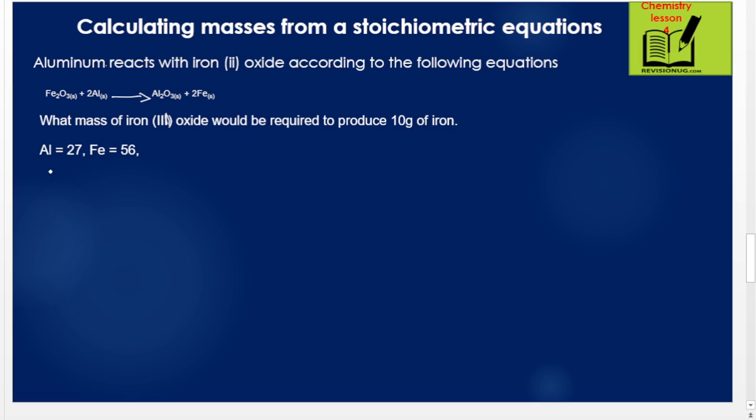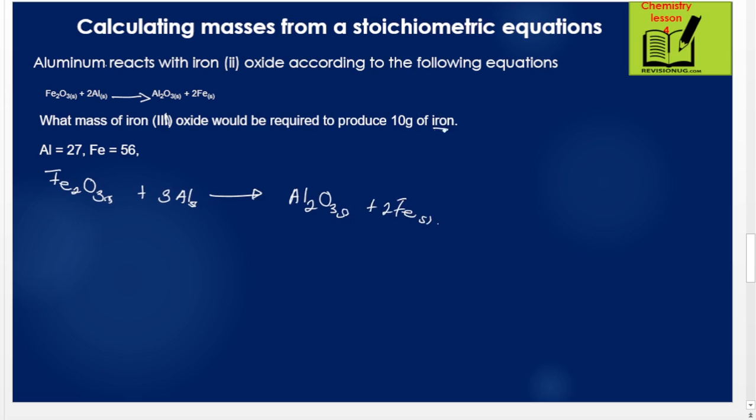Now let us first write our equation just here. Then this is iron 3 oxide reacting with 2 moles of aluminium, which is a solid. They are all solids, to produce 1 mole of aluminium oxide and 2 moles of iron. So what are we comparing?